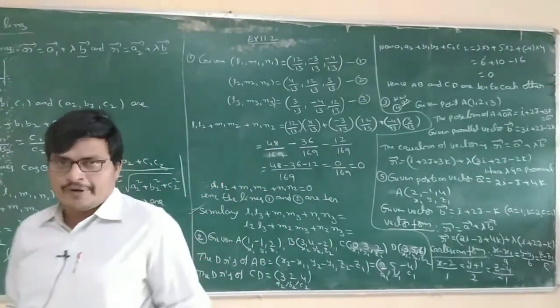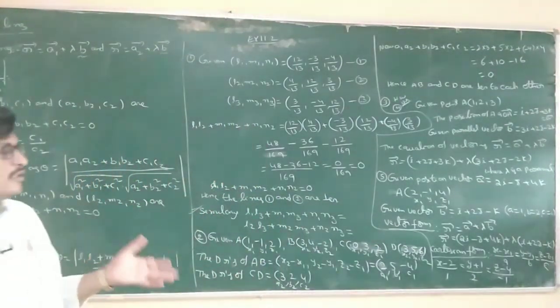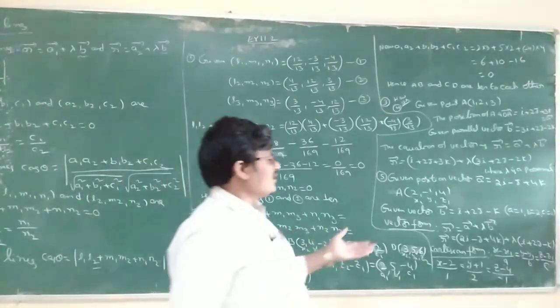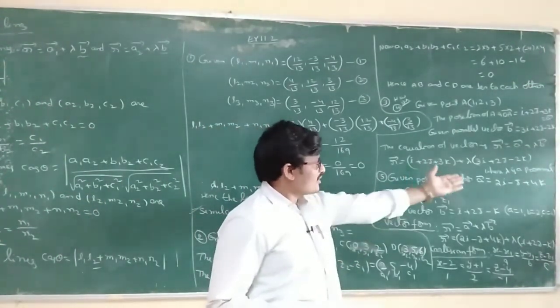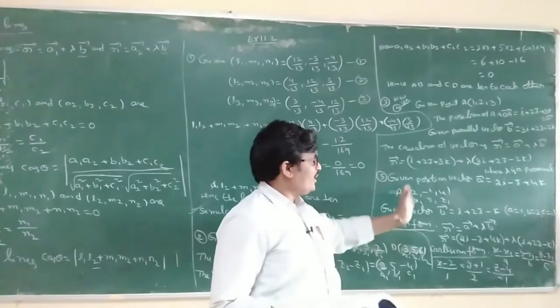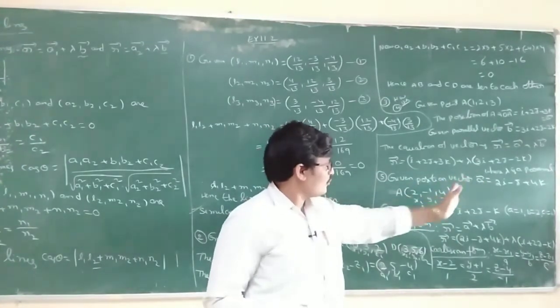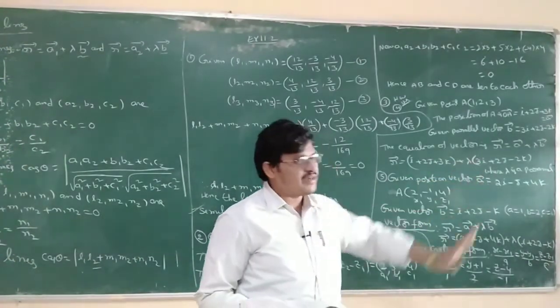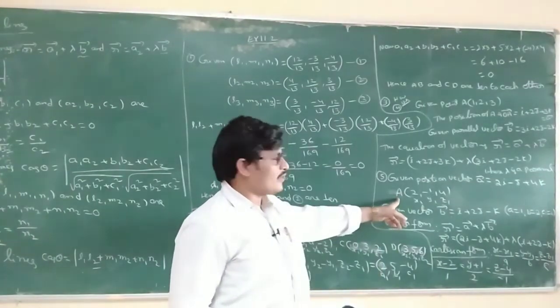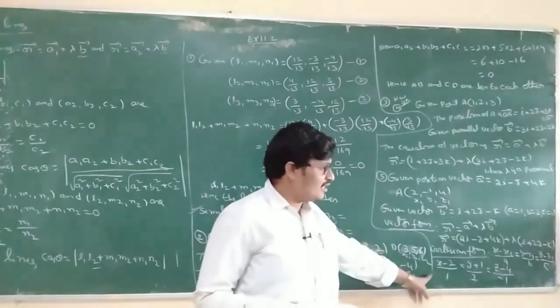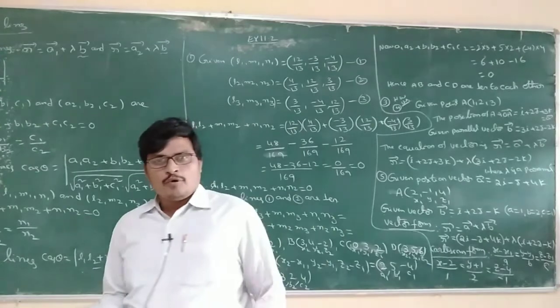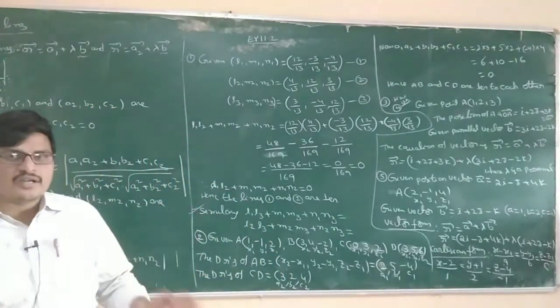Actually, it is passing through the point. Passing through the position vector means the position vector is nothing but a point. So we convert the position vector into a point, 2, minus 1, 4. Point is only used in the Cartesian form.